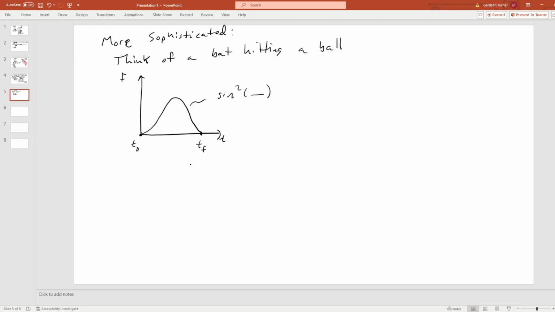Now, bear with me real quick. A typical sine function looks something like this.